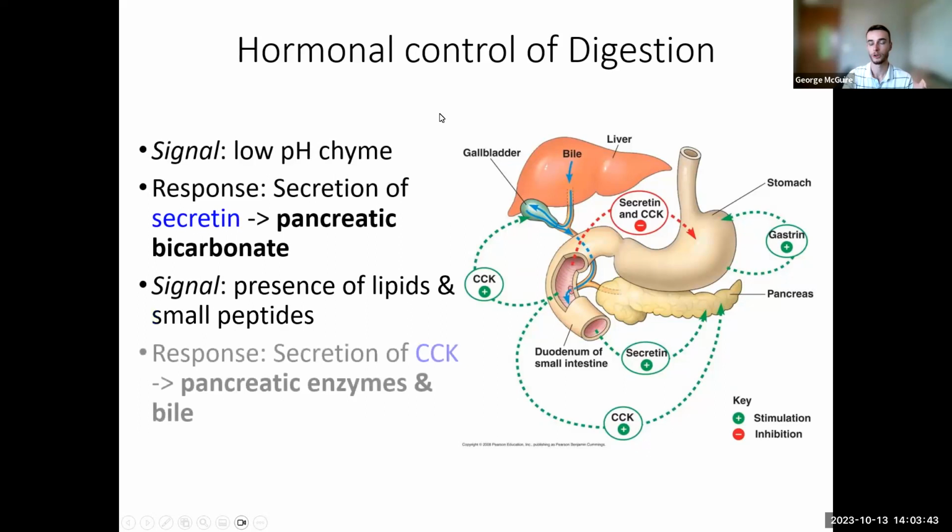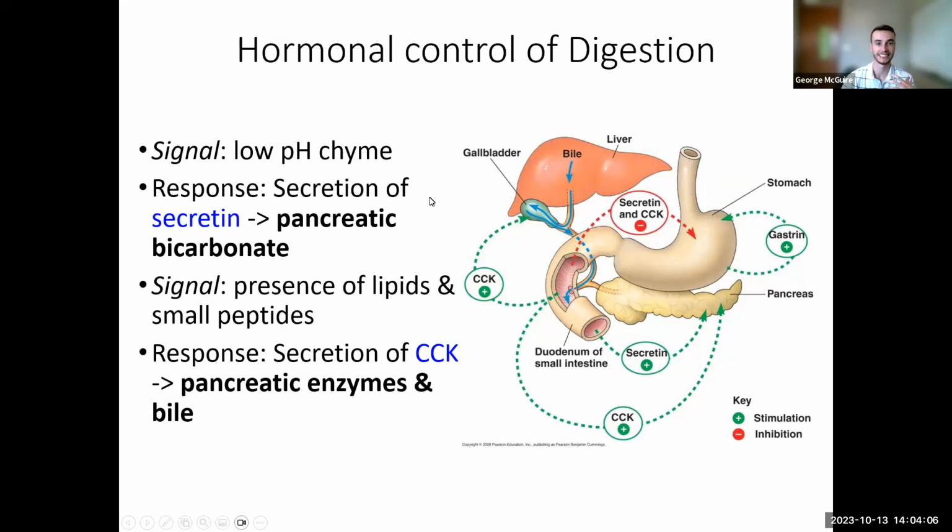We have more hormonal control of digestion occurring here in the small intestine. When the chyme is leaving the stomach and entering the small intestine, that low pH can be sensed.